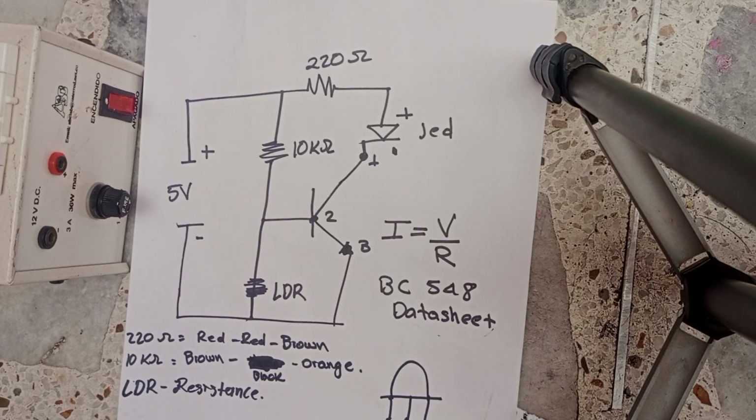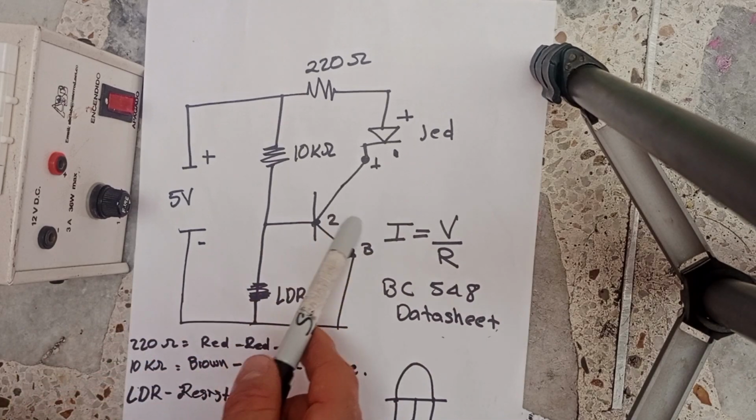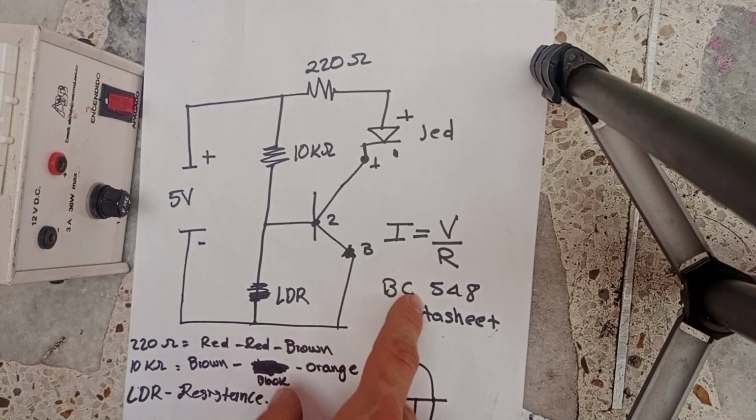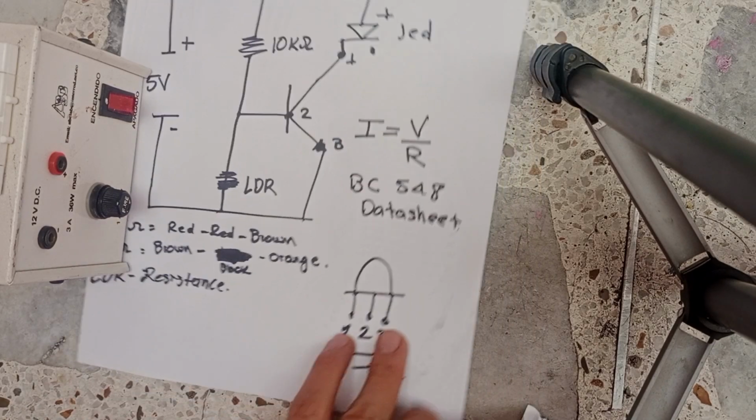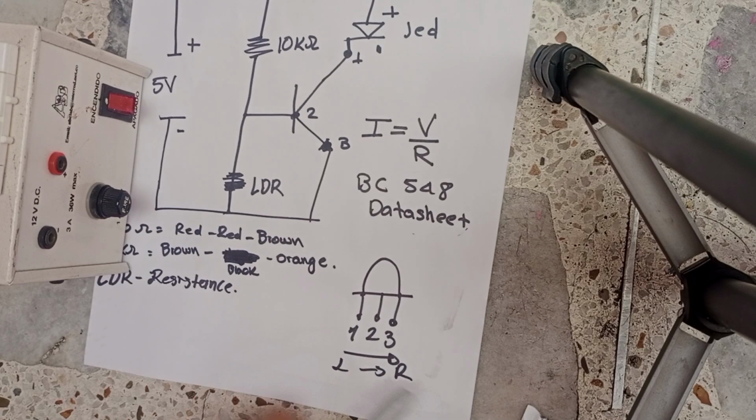The next part we need to understand is that you've got to connect the 3 main pins. Recall that the transistor has 3 main pins, and you start counting from left to right.